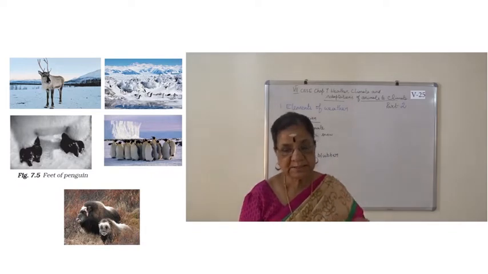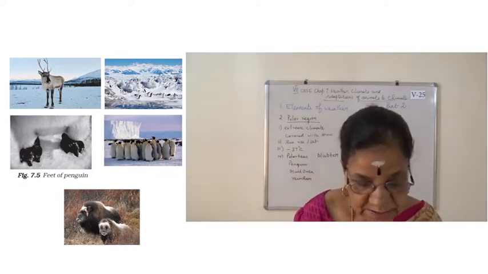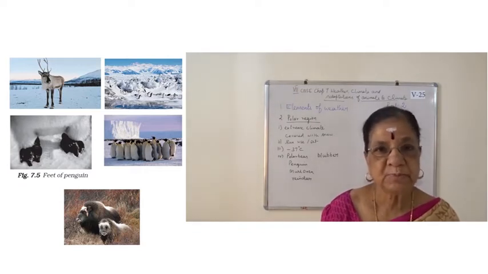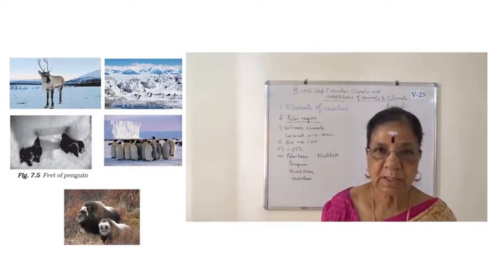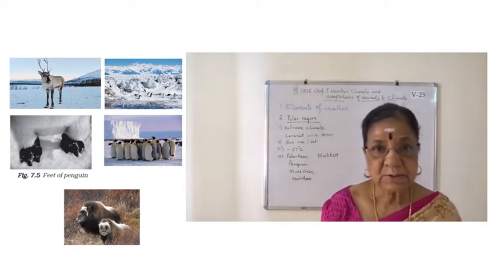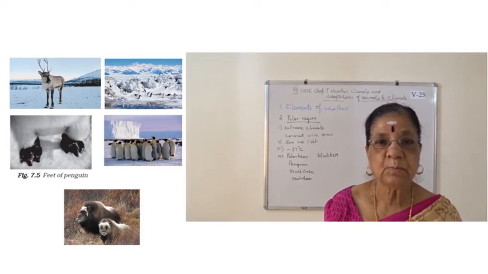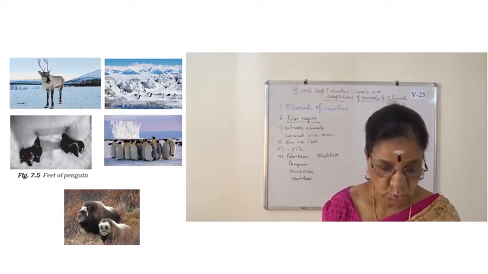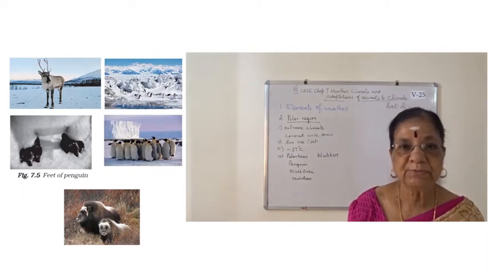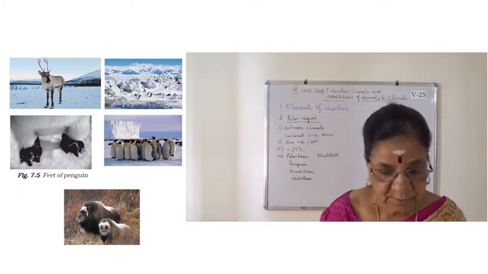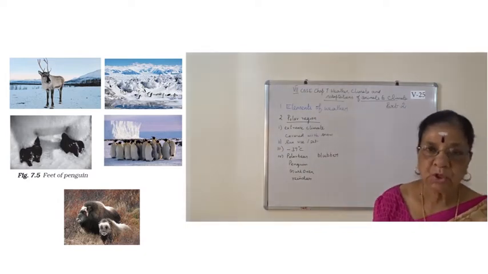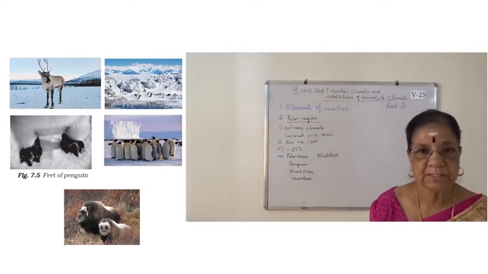And this blubber insulates the body from cold and keeps it warm. This fatty skin acts as an insulator and keeps the polar bear's body warm. The thick fur also keeps the body warm in cold weather.